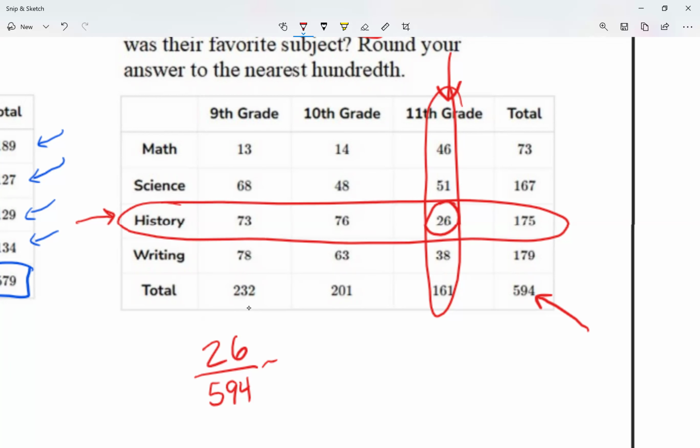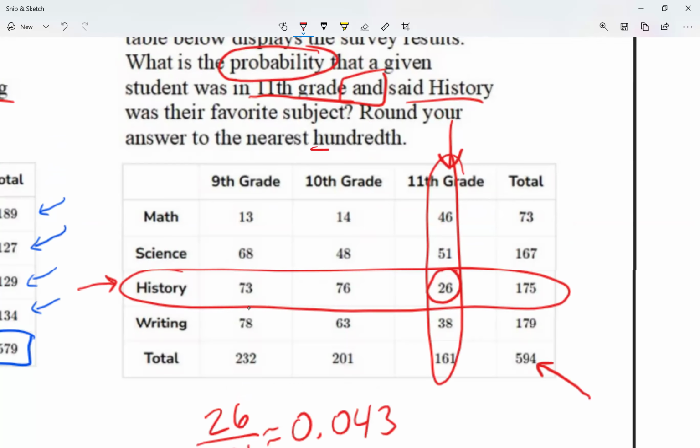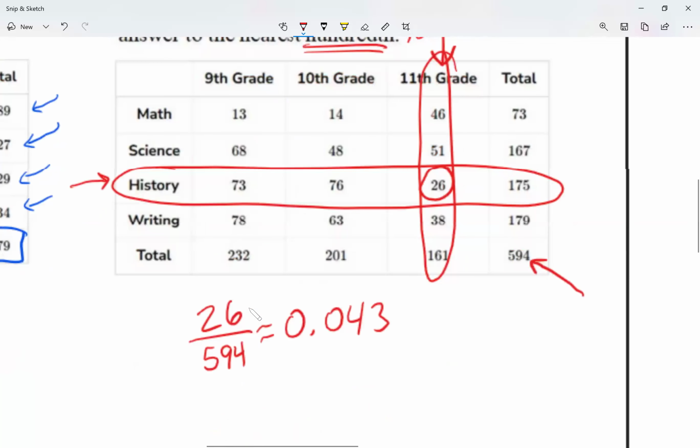I use my calculator and it says 0.043. Again, I look at the first three decimal places. My answer is supposed to be rounded. It says round your answer to the nearest hundredth. Hundredth sounds like the number 100. It has two zeros, so I expect two decimal places. Looking here, my third decimal place is a 3.